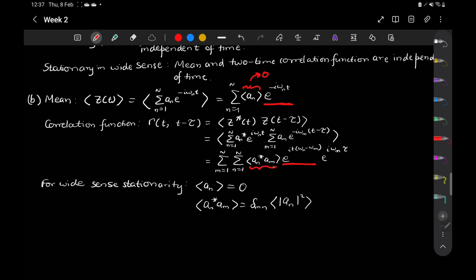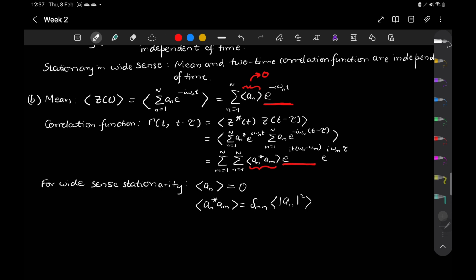So when n equals m, we can have a finite number for the expectation of an star am. Whereas when n is not equal to m, we want this exponential term to vanish, and for that an star am needs to be equal to 0.